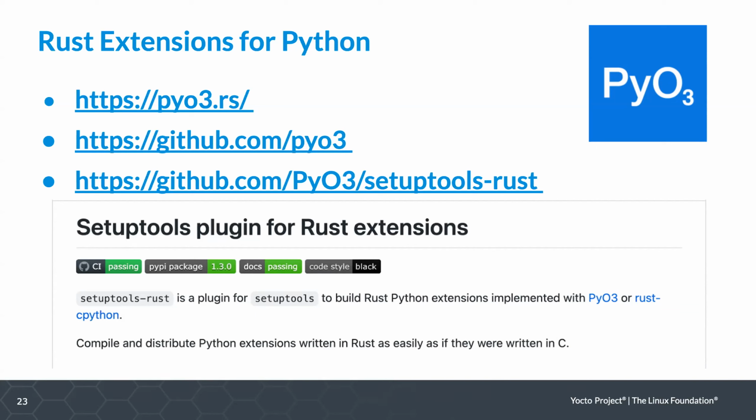So the basis of the Rust extensions for Python, there's this PyO3, Python trioxide, there's a play on words, group out there. So it's on GitHub, and I recommend looking at these different links and finding out more about it.